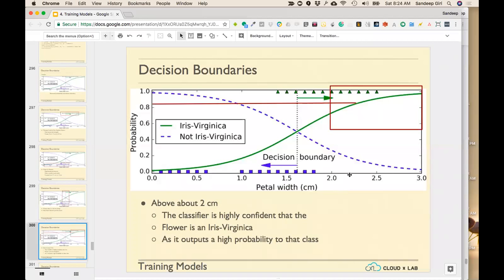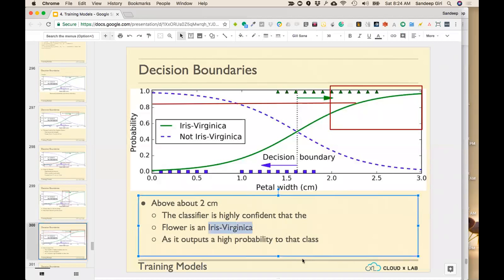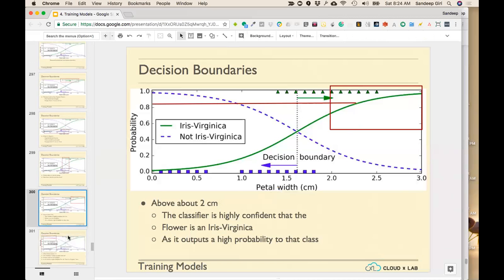Above 2 centimeters, the classifier is highly confident that the flower is virginica, as it outputs a high probability for this class. Similarly on this side, both sides it's highly confident, but at this point you can see that there is an overlap with other flowers.